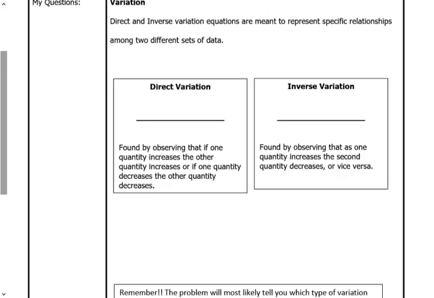Now, before we even get to direct versus inverse, a variation is a relationship between variables. We've discussed this a little bit in the context of a scatter plot and a regression equation. But these are very specific types of variation. So direct variation is found when, if one quantity increases, the other increases.